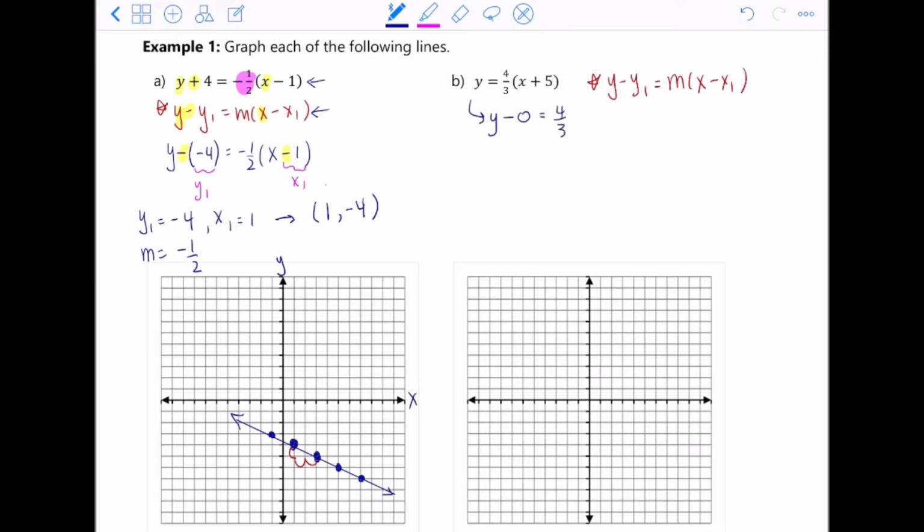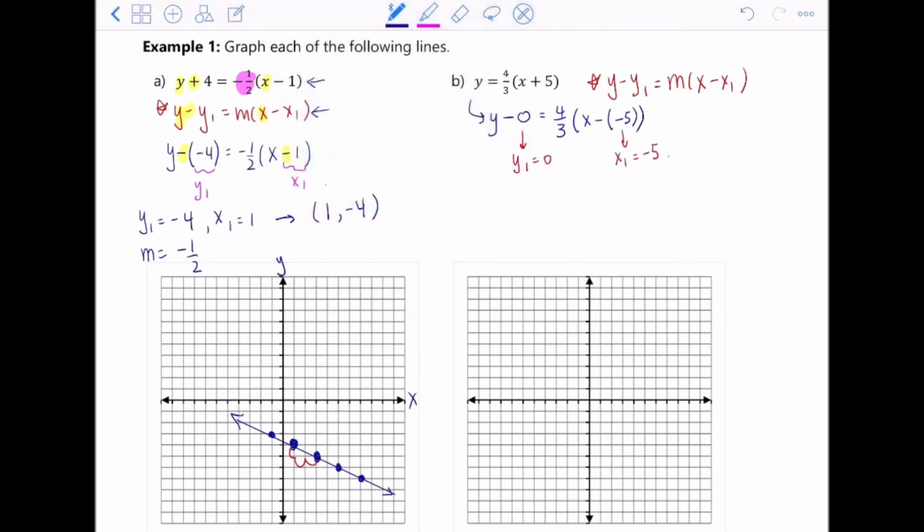The slope is 4 over 3, and x minus 5. So this tells us that y1 equals 0, slope equals 4 over 3, and x1 equals negative 5.